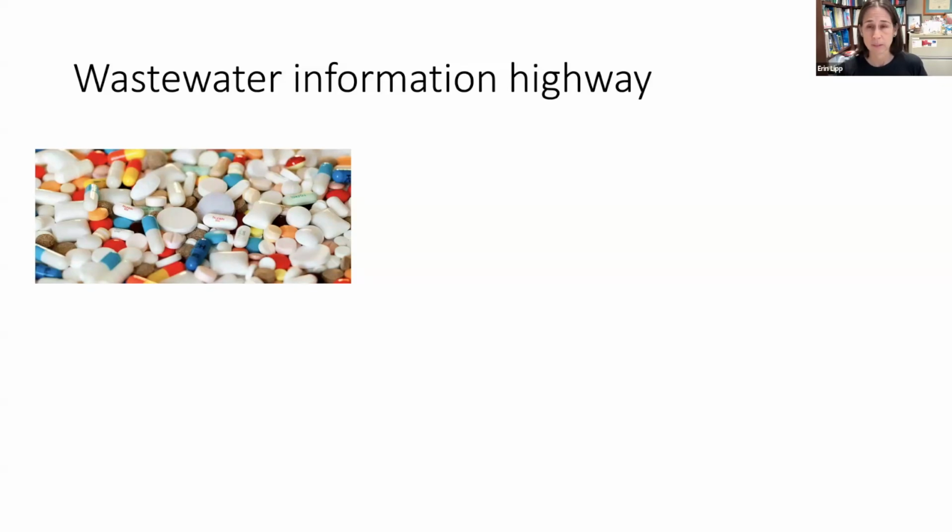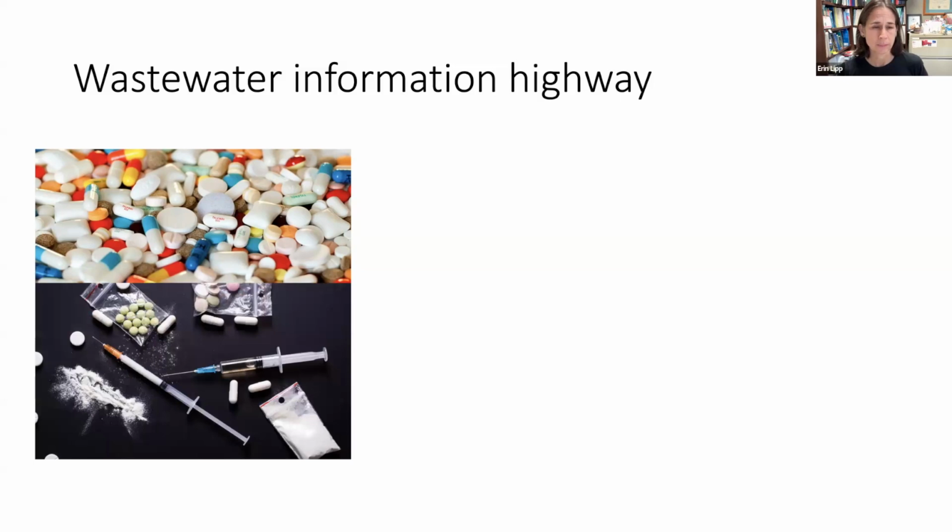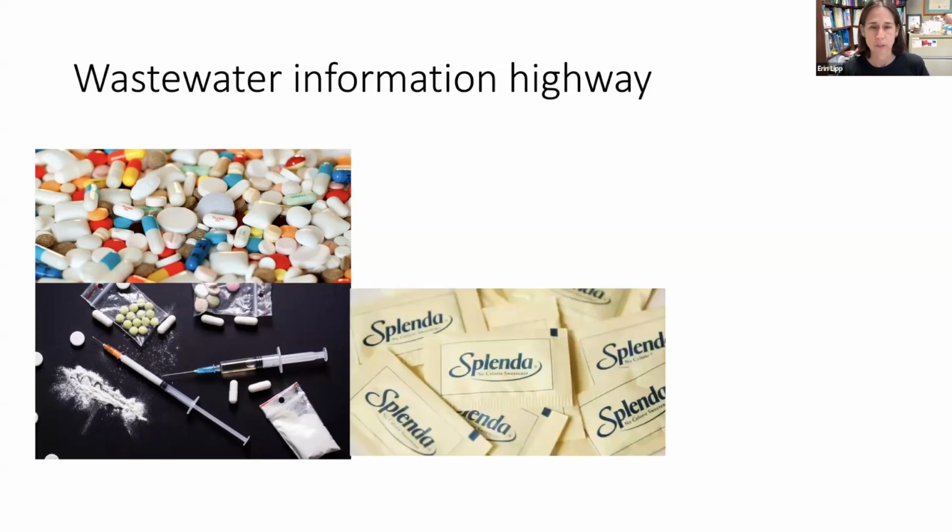This has been heavily used during opioid epidemics to see where there's particular problems on a temporal and spatial scale. You can also use it to look for illicit drugs. Some of this starts bringing into questions about how this can be used ethically and if it gets to too individualized a basis, or it can be used collectively to tell you what's going on in a population.